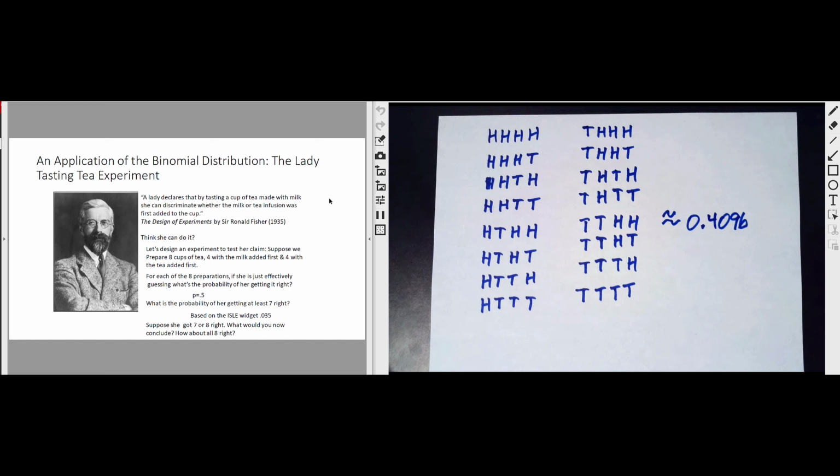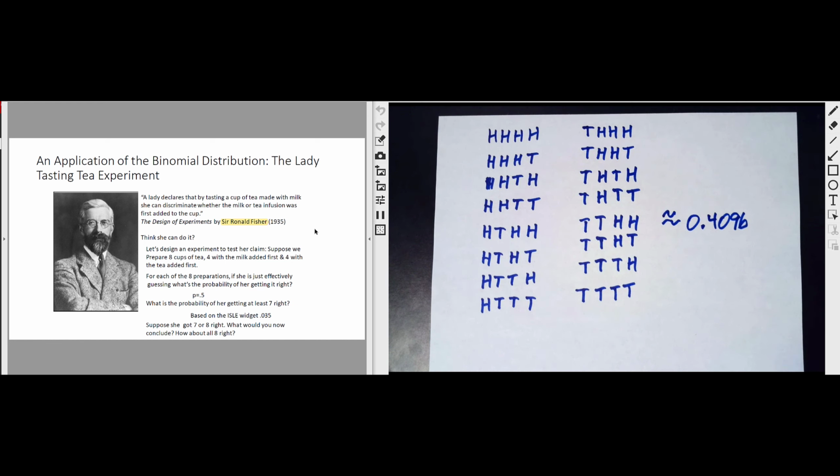Okay, so let's take a look at one application of this binomial distribution in a famous experiment called the lady tasting tea, which was described by, I don't think he was Sir yet, although maybe he was, Ronald Fisher, who was one of the very early, very influential statisticians.